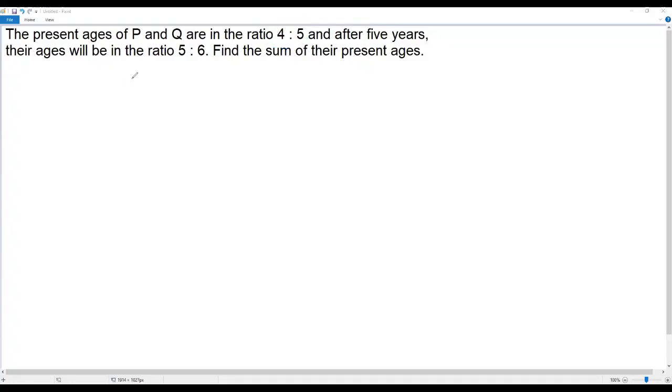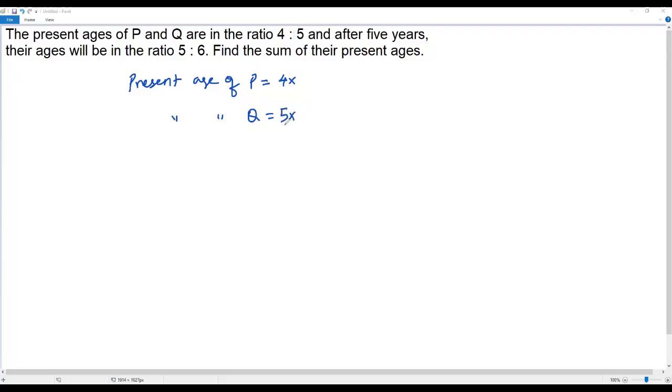Okay, now let's write the present age of P. Age of P equals, the first term of the ratio, 4, multiplied by the non-zero number x. So 4x is the age of P, and the age of Q is the second term of the ratio multiplied by the same non-zero number x, then 5x.